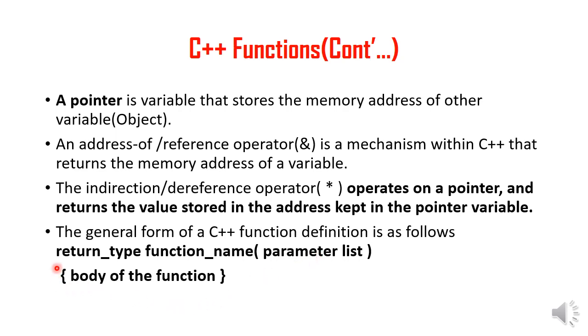The user-defined function must also have a body, and the body of this function is shown by the left curly bracket and the right curly bracket. Within the body of a function, we have the statements showing what the function is going to do.